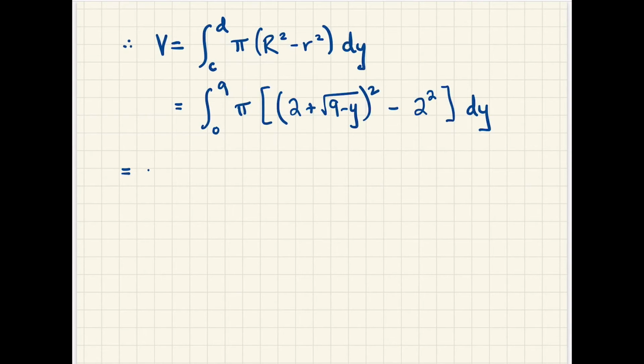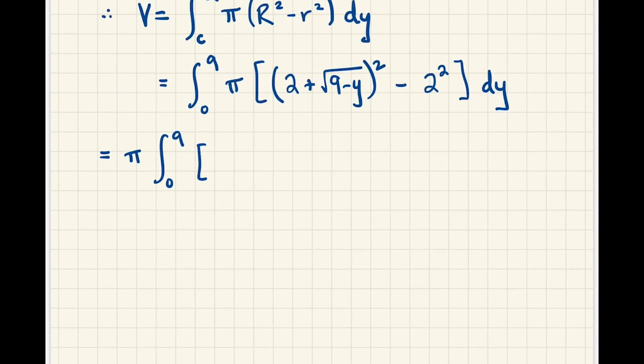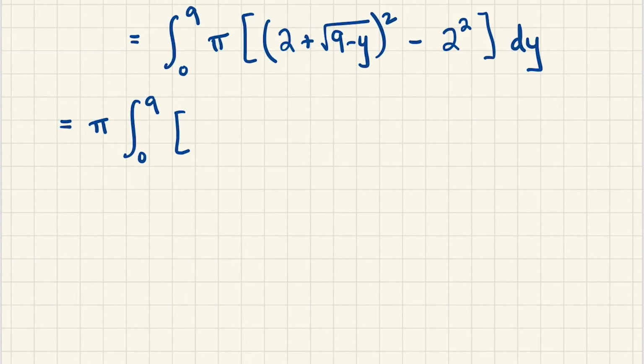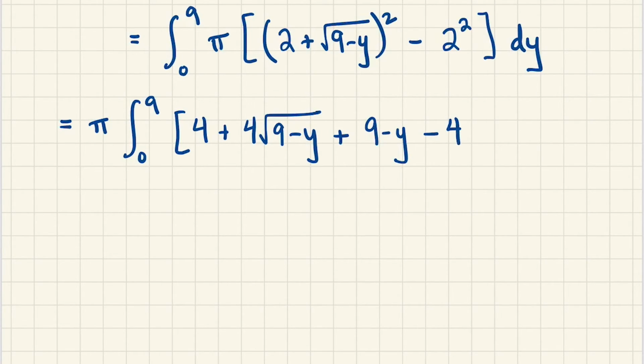So we can factor pi out of the integral. We have 0 to 9, and we certainly have our work cut out for us algebraically here. Foil this out. We get 4 plus 4 times radical 9 minus y plus the square of the square root, so that'll just be 9 minus y, and then minus 4 dy.